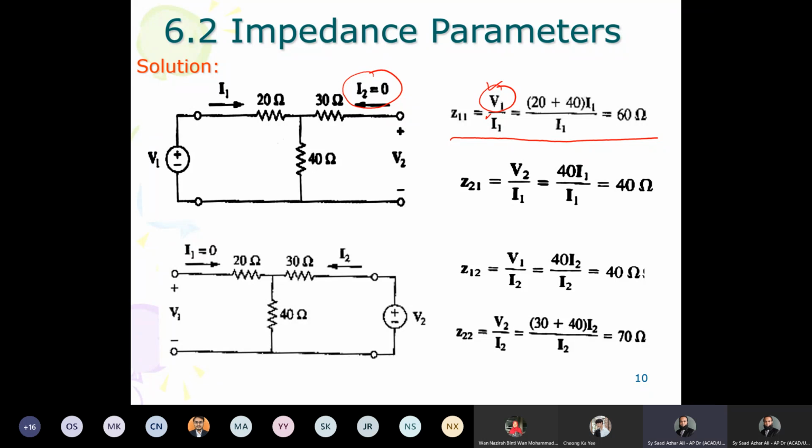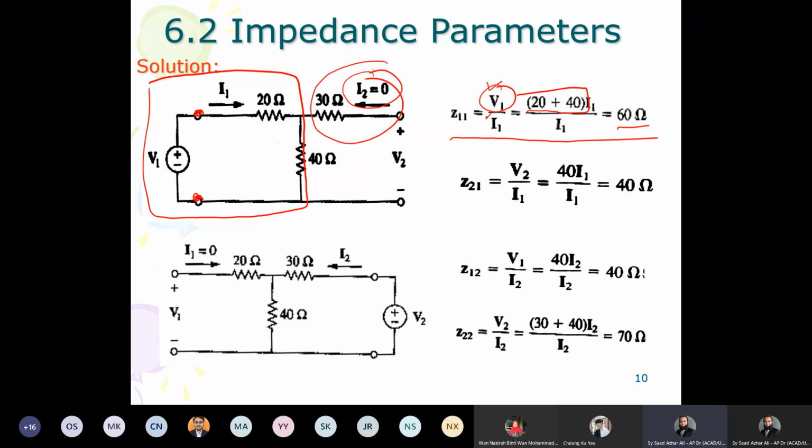V1 is this voltage, and since this part is 0, only this circuit is there. So V1 is IR, I1 times 20 plus 40. So 60 I1 upon I1, 60 ohm.